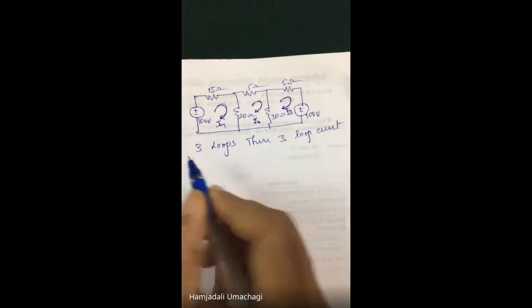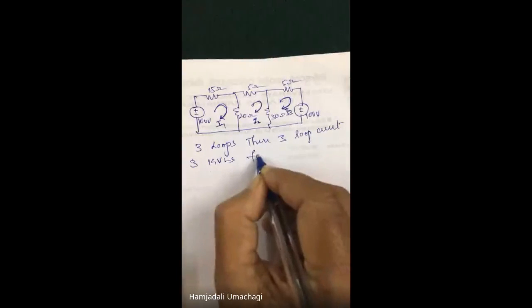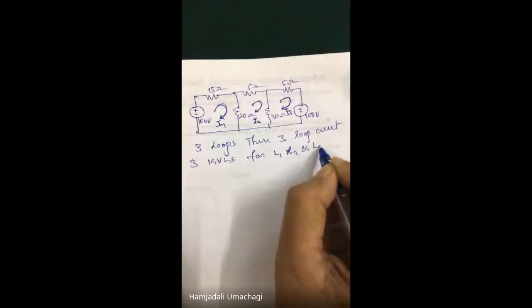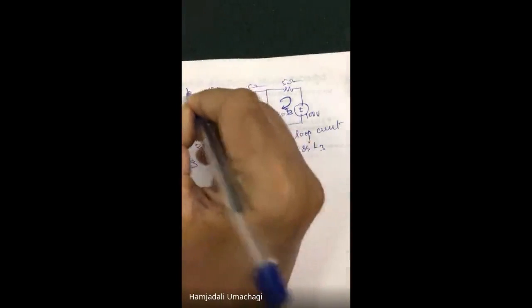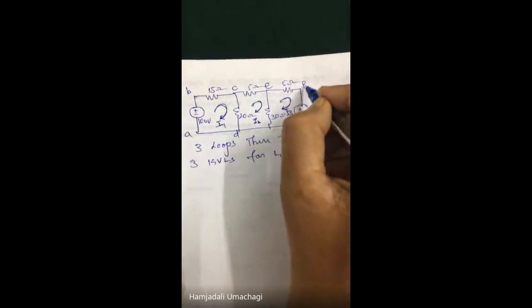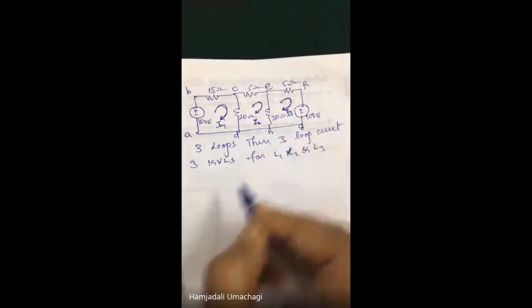Now I am going to apply 3 KVLs for the L1, L2, and L3 loops. What's the first loop? A, B, C, D, E, F, G, H we can call.